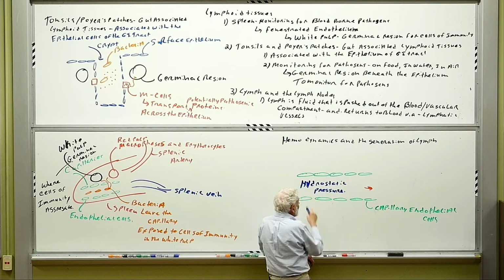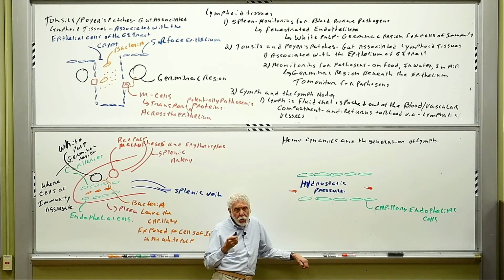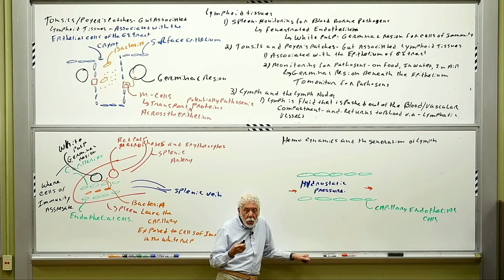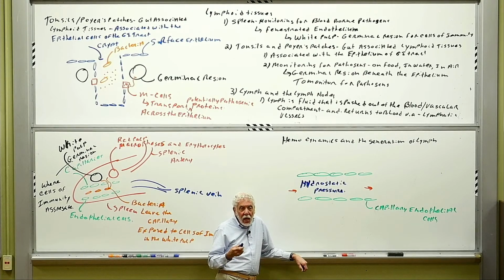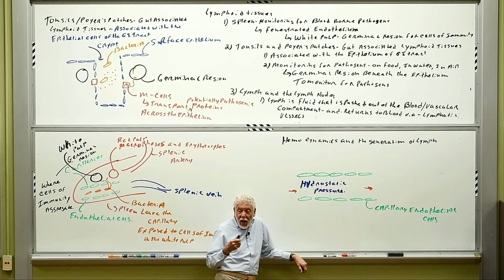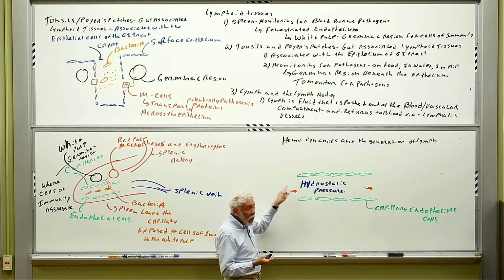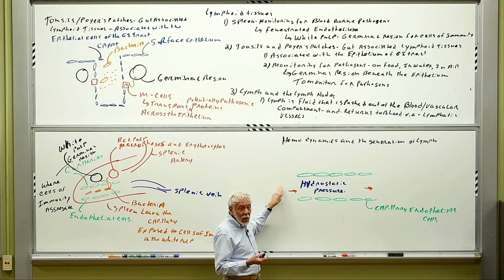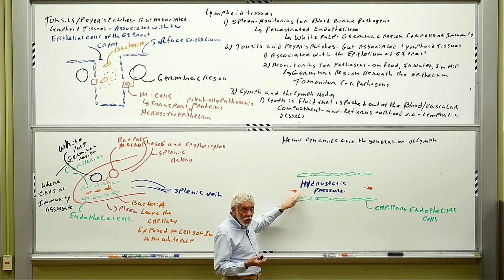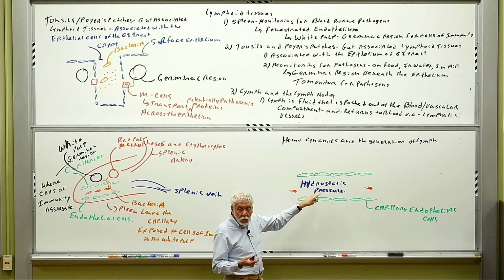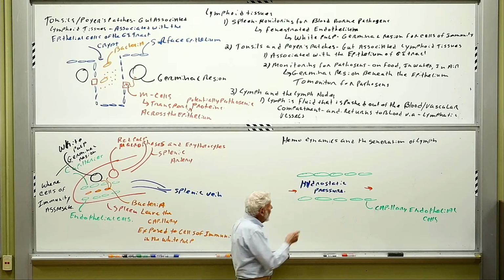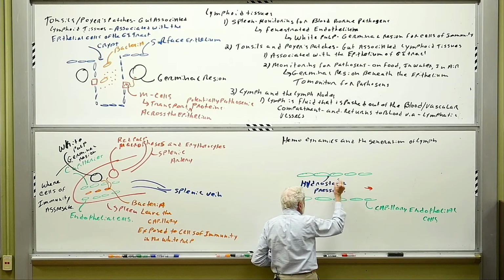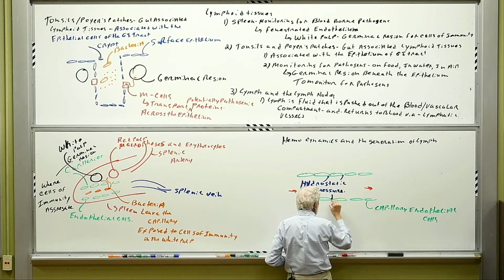Maybe the best analogy I can think of for a hydrostatic pressure is this mechanical pressure, but it's of fluid. If you imagine blowing up a balloon, you're generating a kind of hydrostatic pressure, an outward pressure against the walls of the balloon. Well, the heart, because it's pumping, is generating a pressure all along those series of tubes. And there's a pressure here against the tubes called the hydrostatic pressure.